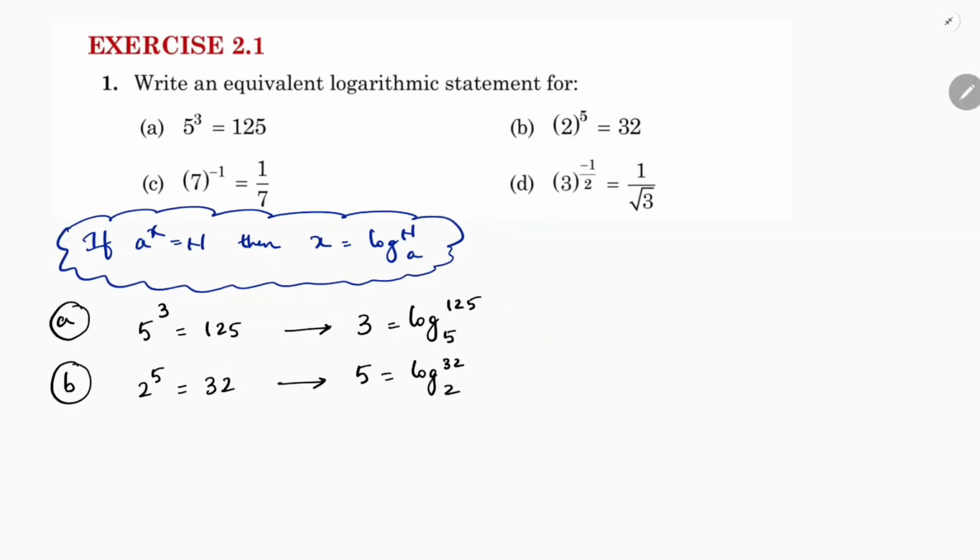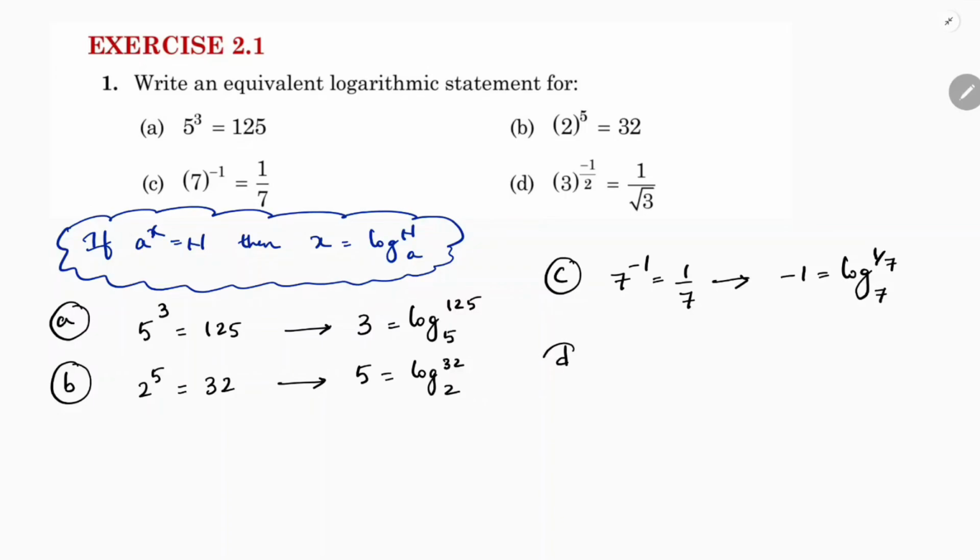Next one, C. Seven power minus 1 equals 1 by 7. So minus 1 equals log 1 by 7 to the base 7.